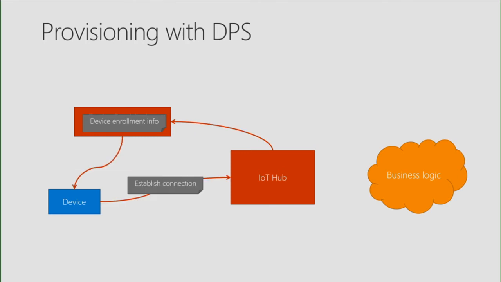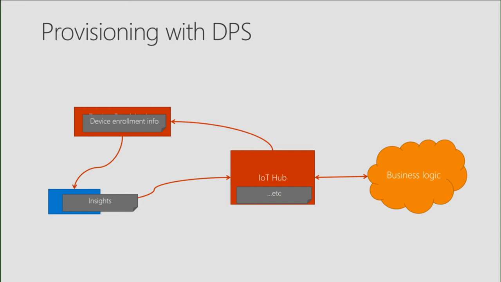Now the device can establish a connection and pull down that initial configuration information and then apply it automatically. The device now starts sending device telemetry, which then gets consumed by your back-end business logic to produce business insights, and that gets ultimately sent back to the device at the end of the day, et cetera. So that's fantastic when you're using one of these things.